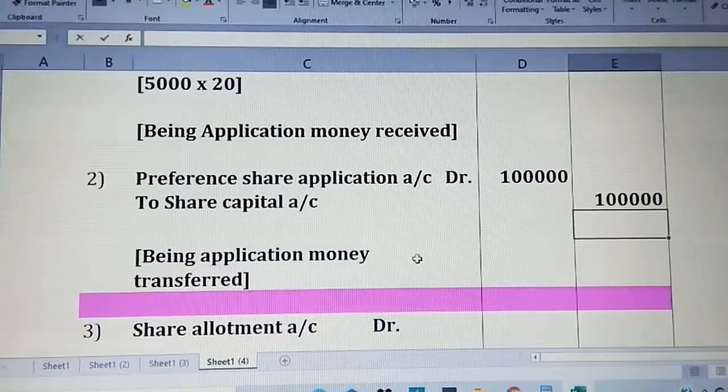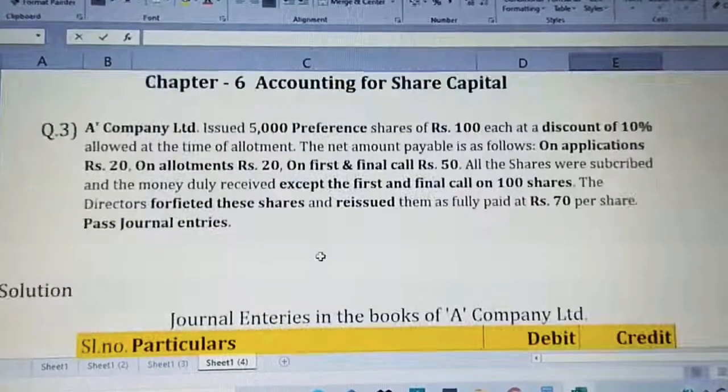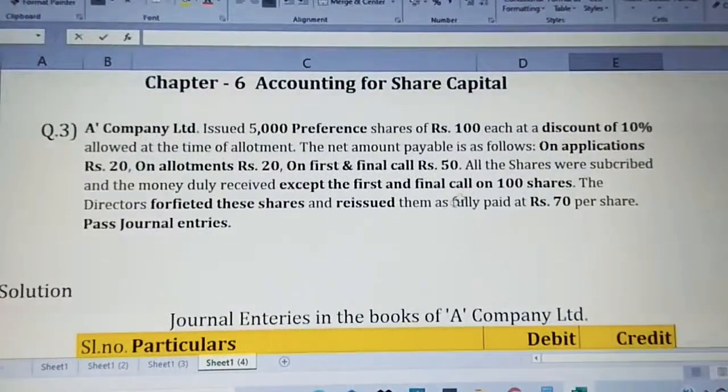Okay, next. So we have completed the application entry. Now moving on to the allotment. Under the allotment, observe, we have a discount given. So we have to observe this.